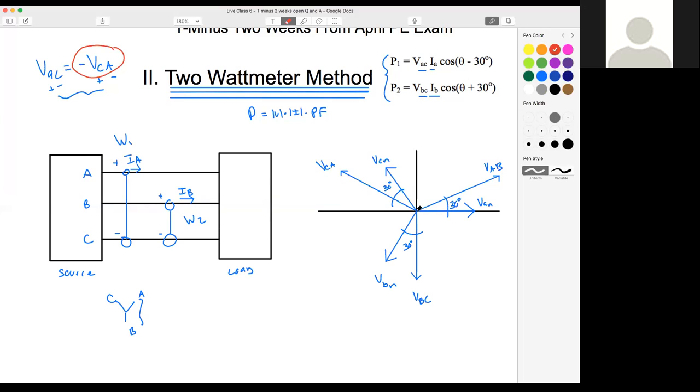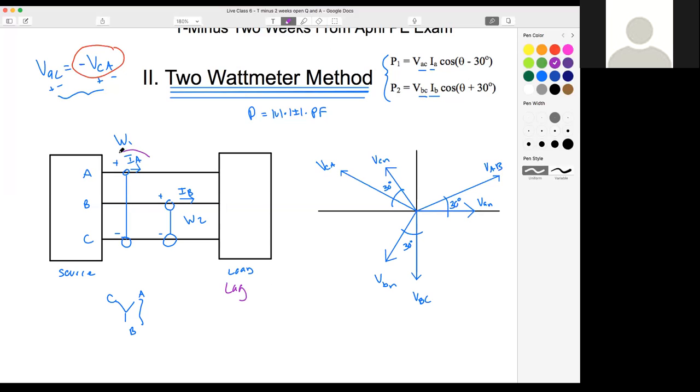Before we do that, let's draw the line currents so it doesn't get too busy. For this particular problem, let's say we have a power factor that's lagging for now. So we know our load is lagging, and our currents are going to be behind.